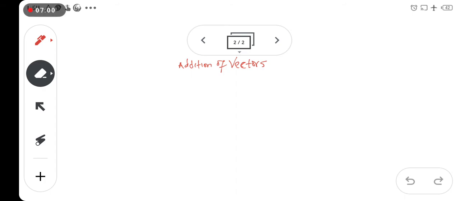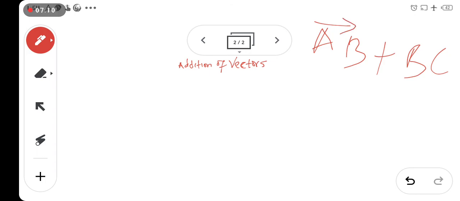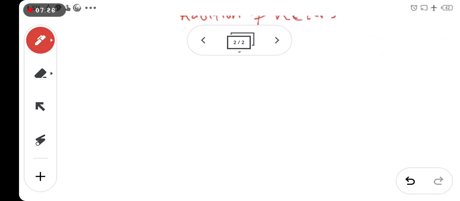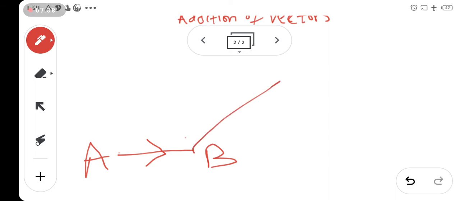Let's say we have vector AB and we want to add AB plus BC. We represent vectors AB and BC in both magnitude and direction by the sides of a triangle. So we can have this. Let's say this is A and this is B. Then this is my BC.